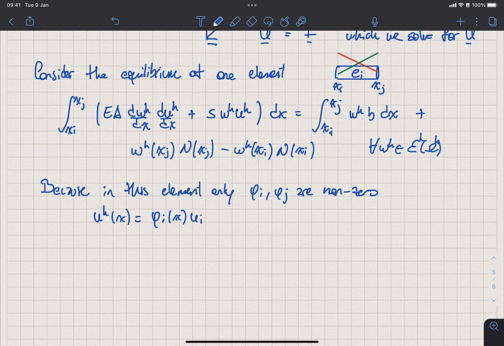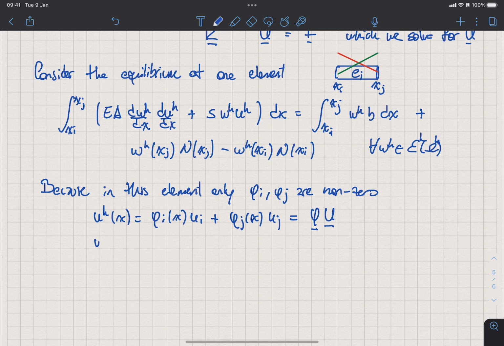Whatever is a function of x is just the shape function, plus phi j of x uj, and you can express that in matrix form, and this is normally the way it's written in finite element terminology. So phi is a row vector that is multiplying a column vector, and therefore you get phi I ui plus phi j uj. This is standard in finite element terminology.